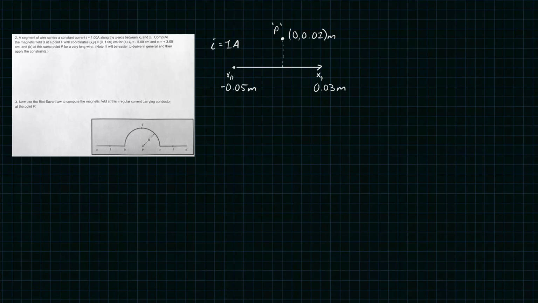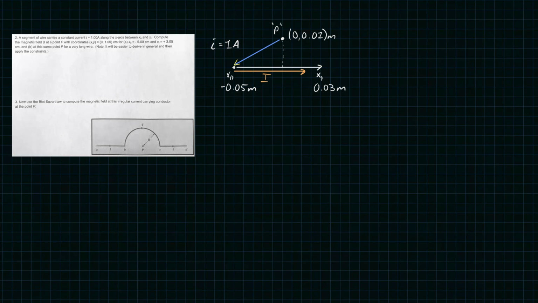Right? So our initial position vector is going to go from here to here. Since our current is flowing this way, our initial phi is going to be the angle between the tips of these two vectors, which if you drew them tail to tail would be like this and this.